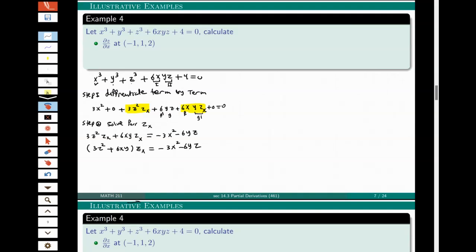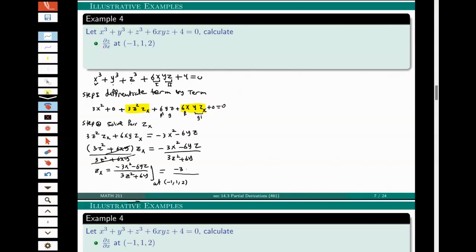So dividing by the coefficient of z sub x, which is 3z squared plus 6xy, that will cancel out, and we get z sub x equal to minus 3x squared minus 6yz divided by 3z squared plus 6xy. Now, evaluating at the point (minus 1, 1, 2) means replacing x by minus 1.